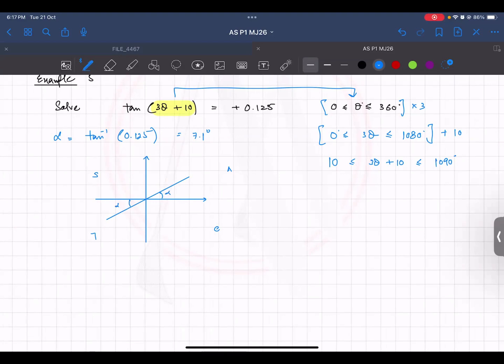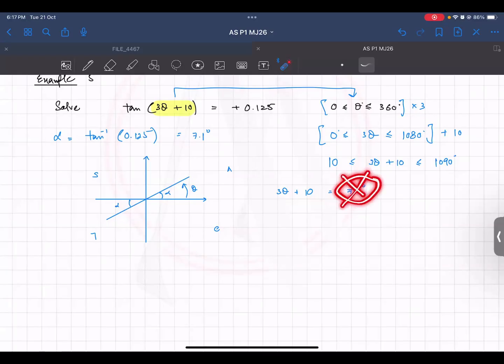And now the solutions that you will get won't be of theta directly, they would be of 3 theta plus 10. The first solution that you will get is the same as your alpha, which is 7.1. But the problem is that the range of 3 theta plus 10 is starting from 10, and the first solution is out of the range.